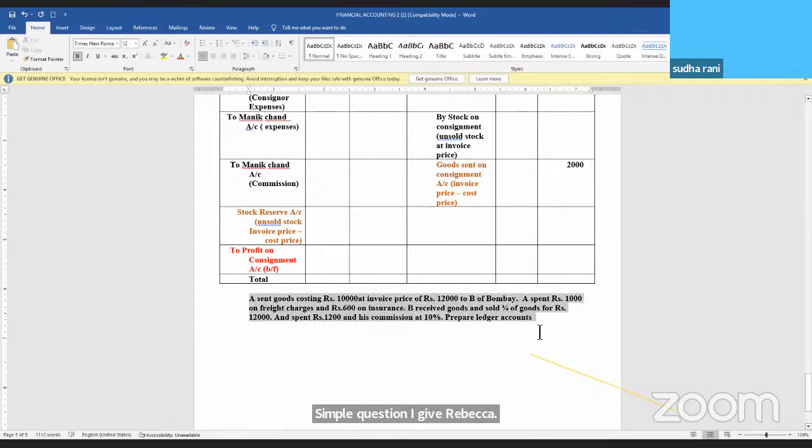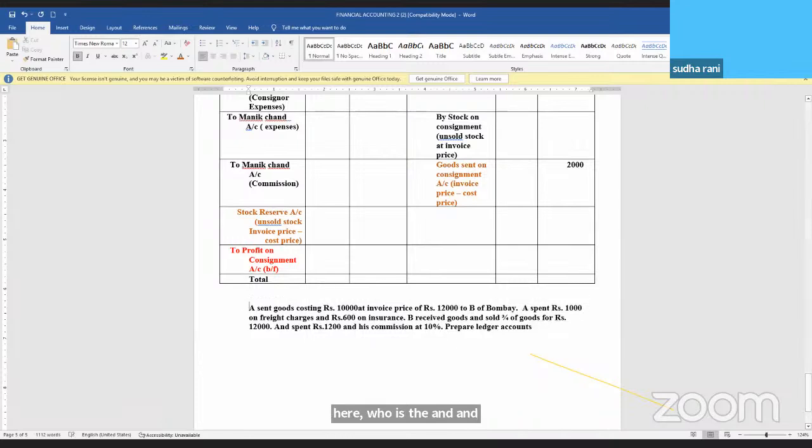Who is the consignor? A is the consignor and B is the consignee. What is the goods sent? The actual cost of the goods sent is 10,000, but he sent at an invoice price of 12,000.